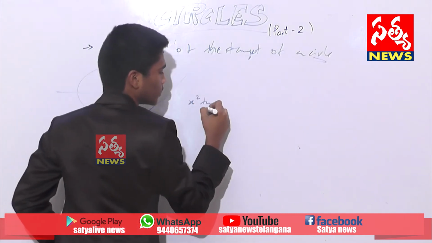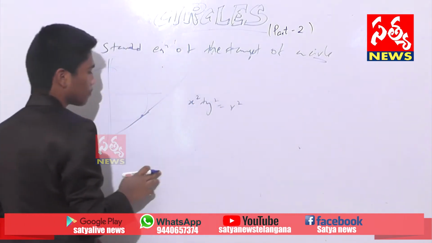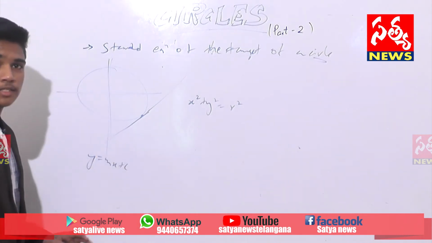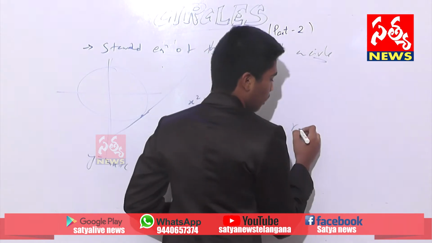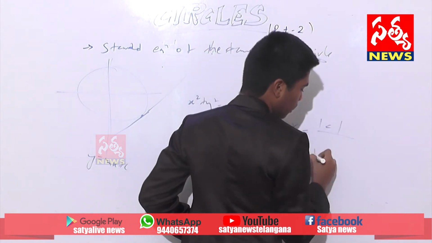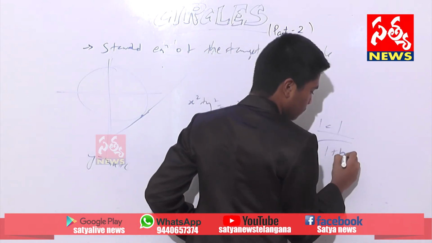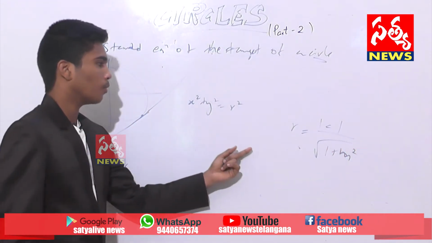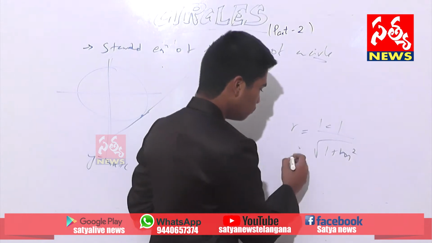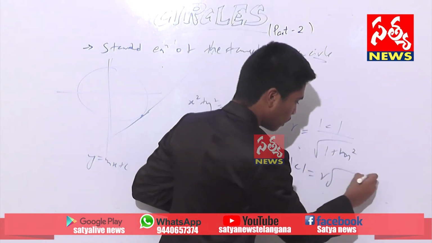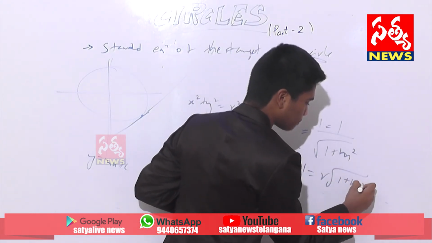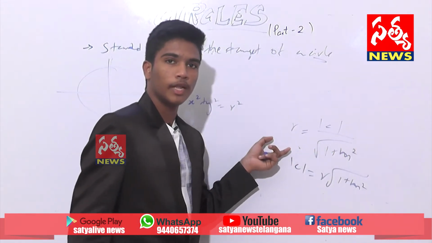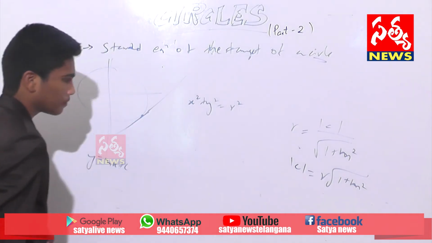X square plus y square is equals to r square, and this is the line y is equals to mx plus c, right? The condition is r must be equals to mod c by under root 1 plus m square. Now we can say that mod c is equals to r under root 1 plus m square, right? I brought this root of 1 plus m square to LHS and multiplied with r.